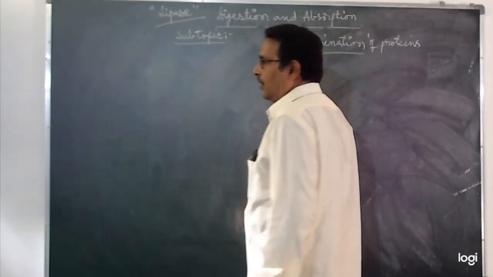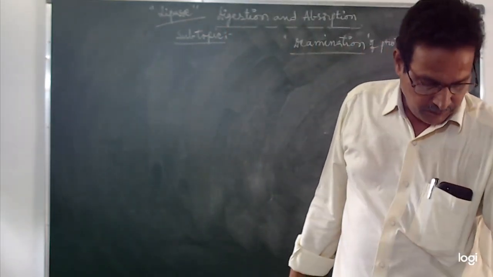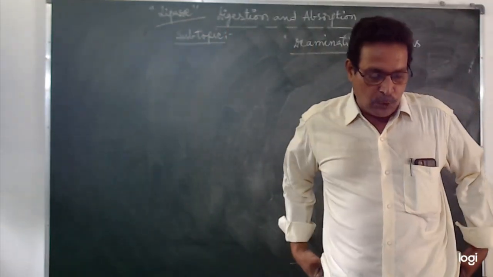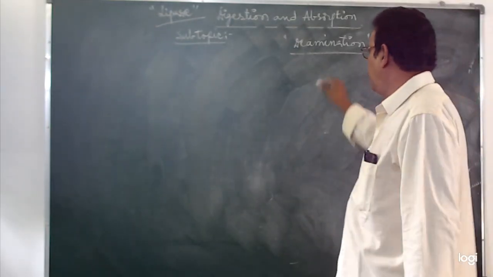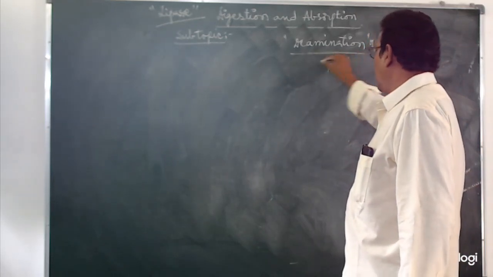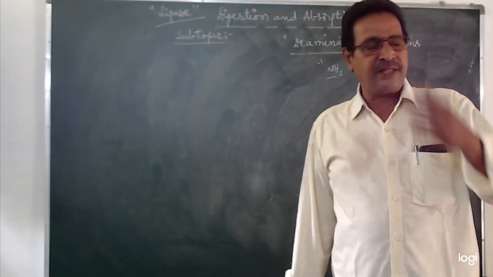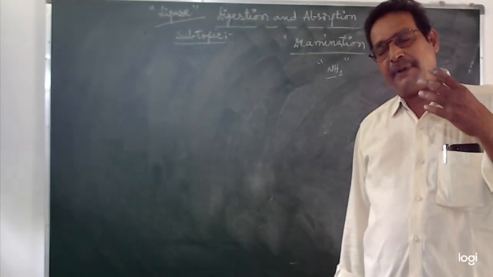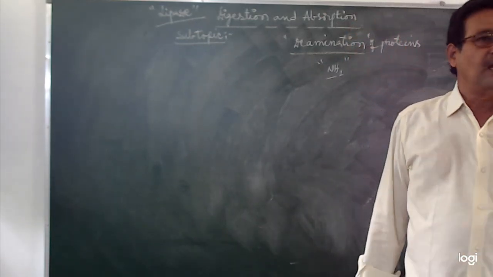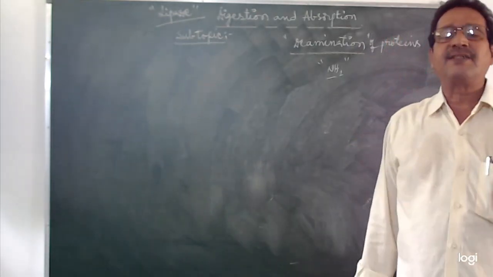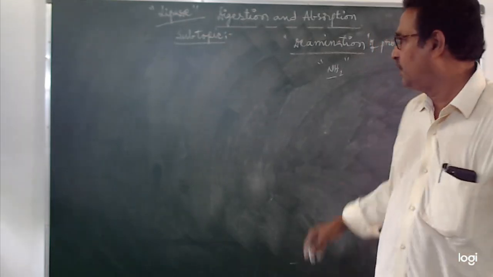What is meant by deamination? The removal of an amino group from a molecule. The removal of the amino group, NH2 group, from excess amino acids, which participate in the ornithine cycle in the liver. In this process, from the excess amino acids, the amino group is removed.